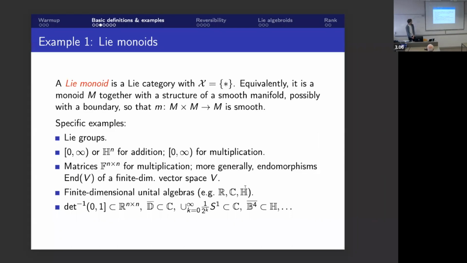So let us continue with these examples. We can also consider any finite dimensional unital algebra, or we can consider, for example, the set of all n times n matrices which have determinant lying between 0 and 1, 0 excluded. Of course the unit here is just the identity matrix, right? Or we can consider the closed disk for multiplication in the complex plane.